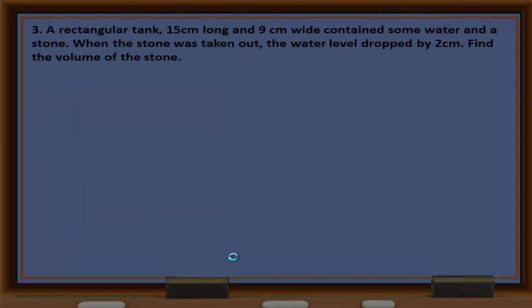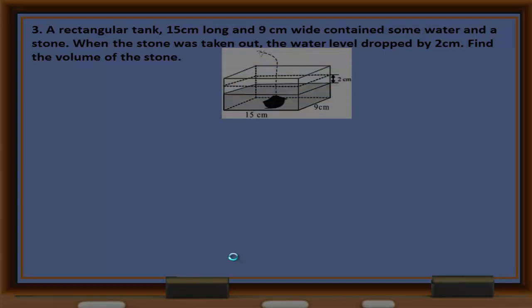Number 3. A rectangular tank 15 centimeter long and 9 centimeter wide contained some water and a stone. When the stone was taken out, the water level dropped by 2 centimeter. Find the volume of the stone. This one is the rectangular tank.